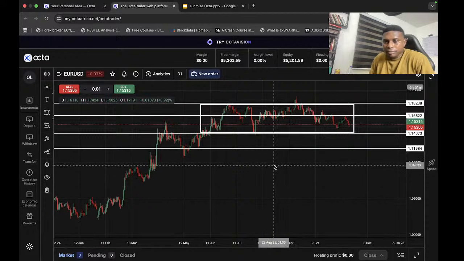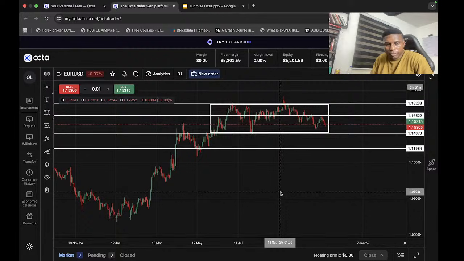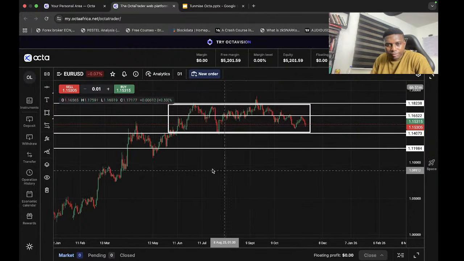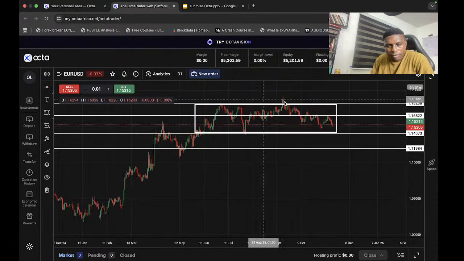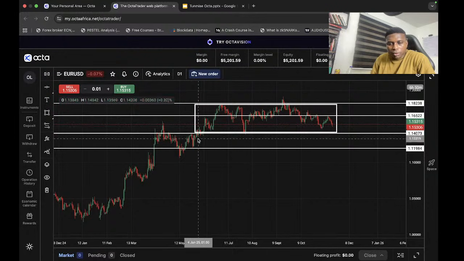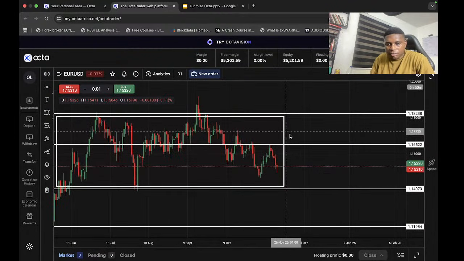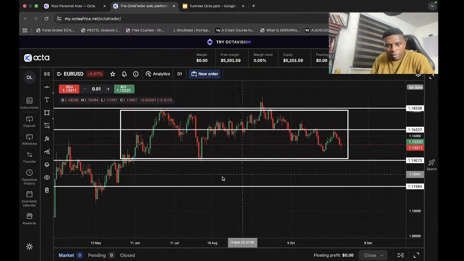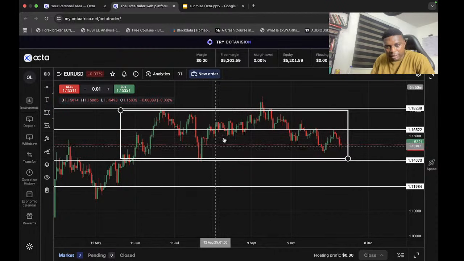So we can see that price has been ranging at this level, and when we look closely, we see that price is moving up, coming down, moving up, coming down at this level.